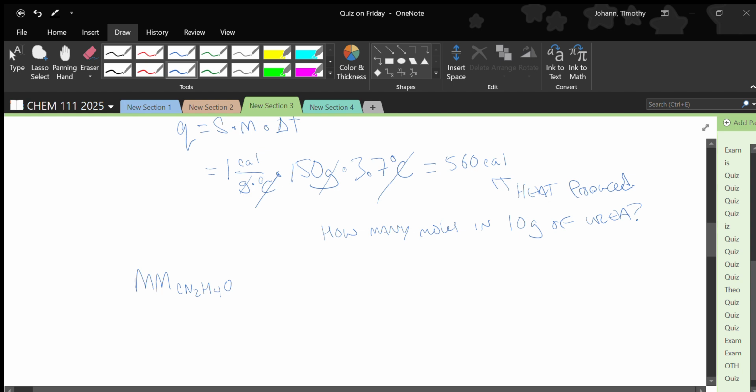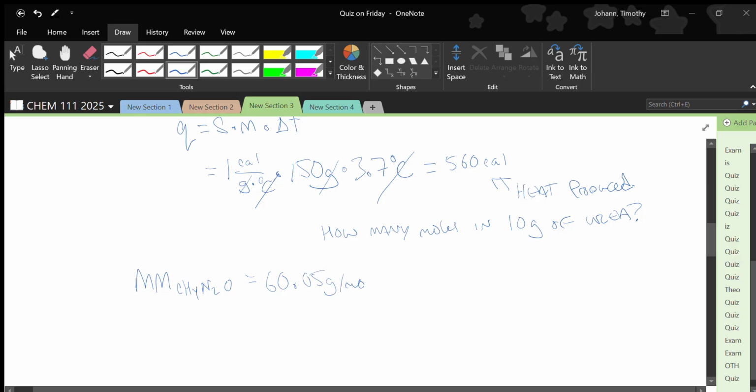Maybe I should have put the H first, actually. I'm going to rewrite this. I think the convention here is to go from left to right on the periodic table, except for the hydrogens. Okay, so the molar mass of that is, you said 60 point what? 60.05. Okay, I'll go 05.